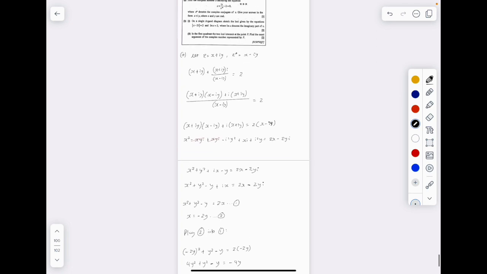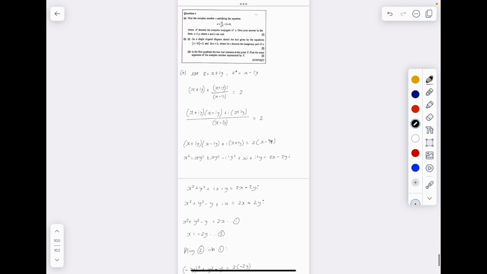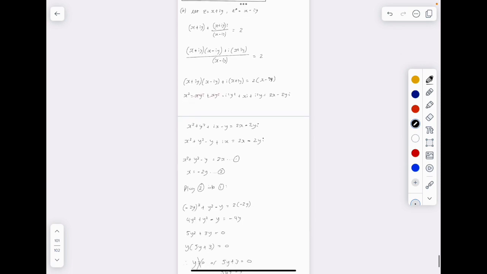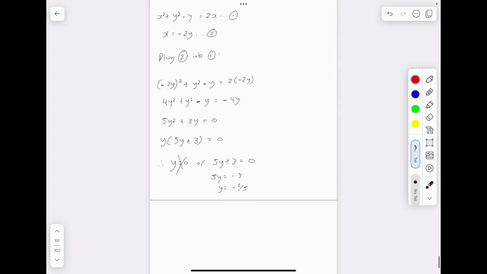Well, we ignore this, guys, because it's simply not going to give us an answer that we actually need here. It's not going to get us anywhere, because if you plug y equals 0 into this, it doesn't tell us anything about y. Okay, so negative 3 over 5.